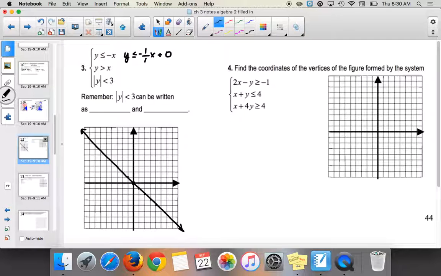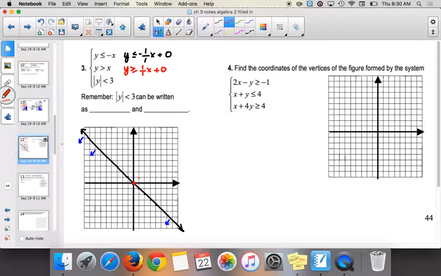So now notice how we have more than 2 lines. Okay, so this is where it starts to get a little bit tricky. So a lot of times when I have this, I kind of just draw little arrows, and I'm like, okay, right now I'm below that line. Because once you get a whole bunch of shading, it's really hard to tell. All right, now the other one is y is greater than x, which is still y is greater than or equal to 1 over 1x plus 0, right? Same idea.